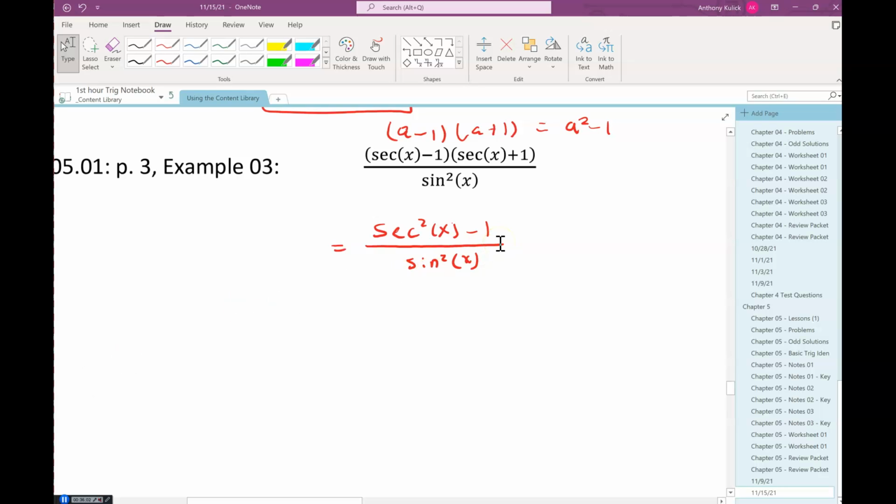And in particular, I'd want to look at the third Pythagorean identity that says secant squared is equal to 1 plus tangent squared, or tangent squared plus 1. I guess the order doesn't really matter.